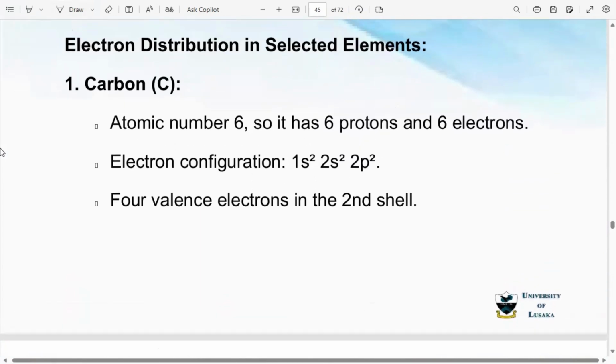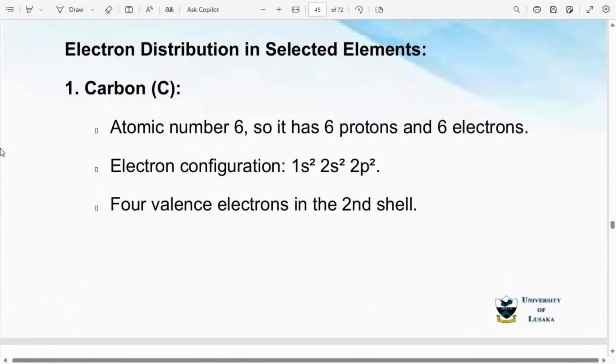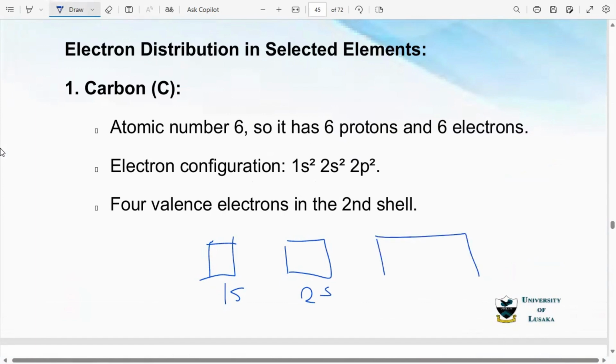Let's say, for example, you have an atom of carbon. You are going to have three orbitals: the 1s orbital, the 2s orbital, and the 2p orbital, like this. Since carbon has 6 electrons, how are they going to occupy these orbitals?